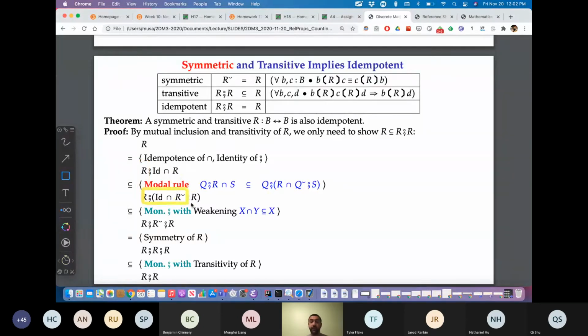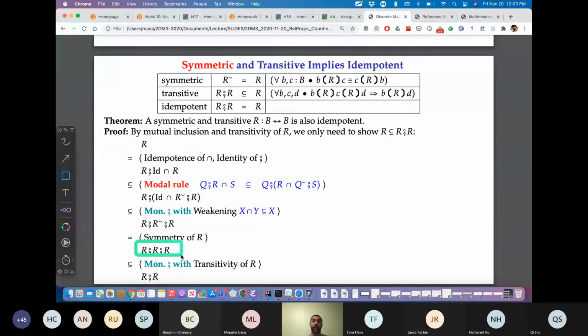Okay. Now that I've done this, and the reason I want to do this is because transitivity tells us R times R is contained in R, right? So we're working up to that, and symmetry tells us converse does not matter. Okay, so we've made it here, right? We want to get to using this rule, so we'll drop the identity, right? Using monotonicity and weakening. So now we're here. And symmetry tells us converse doesn't matter, so we get rid of that.